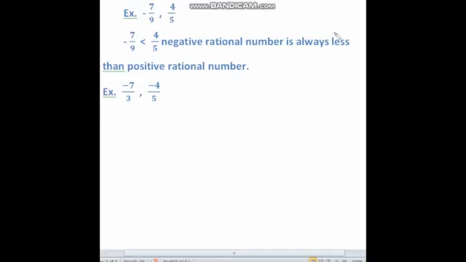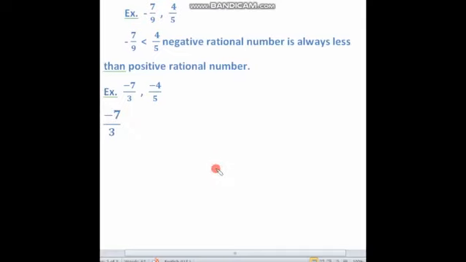Now let's study about it. In this case we need to compare both the rational numbers, and we need to treat both first as positive rational numbers. It means this minus 7 upon 3 can be treated as plus 7 upon 3.